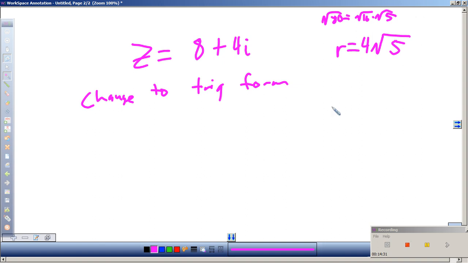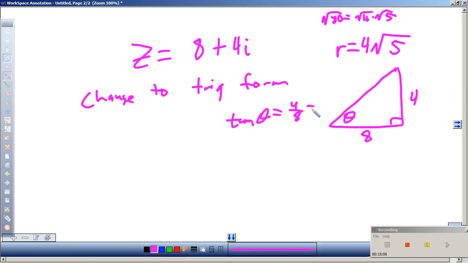Now we have to get theta. How do we get that? We can think of it as a triangle where we've got 8 in the real direction, 4 in the imaginary direction. What angle will have tangent equal 1/2? So we can do the tangent of theta equals 4 over 8. So theta will be approximately what?